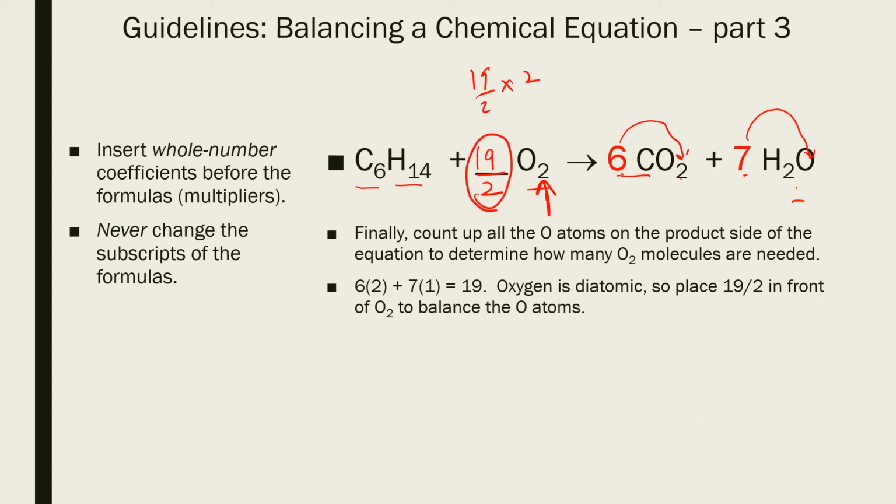Whatever number is here, that number has to be multiplied by this coefficient. So when we multiply, these two cancel and we will get 19. That will give 19 on the reactant side and a total of 19 on the product side. So that will work. Therefore, we're gonna put 19 by 2 in front of oxygen to balance it.